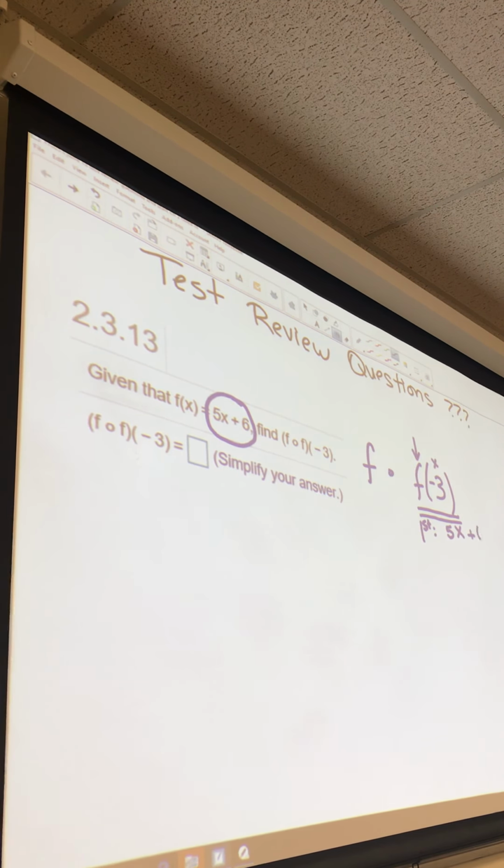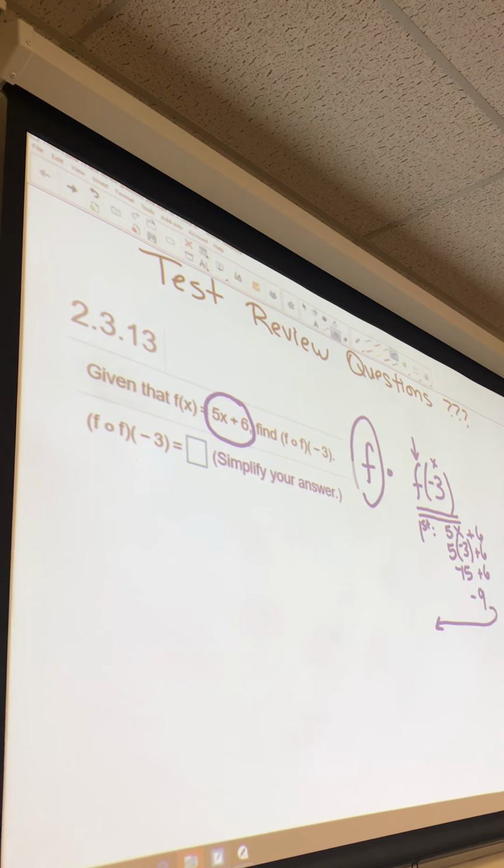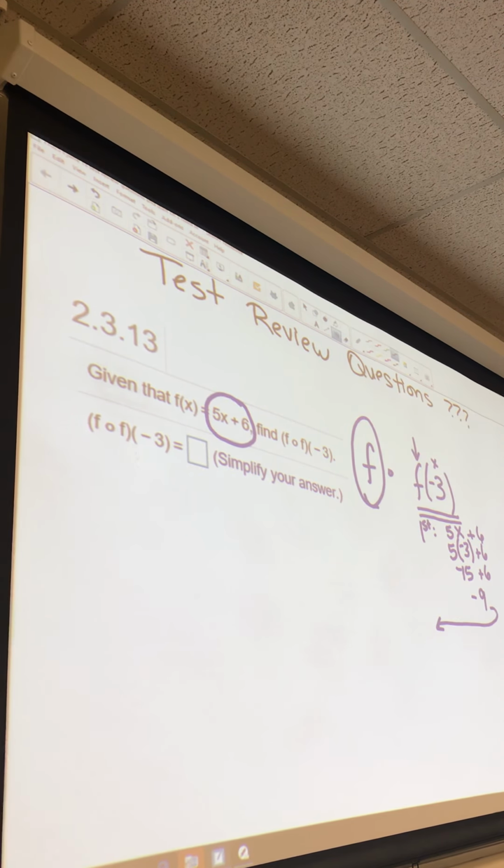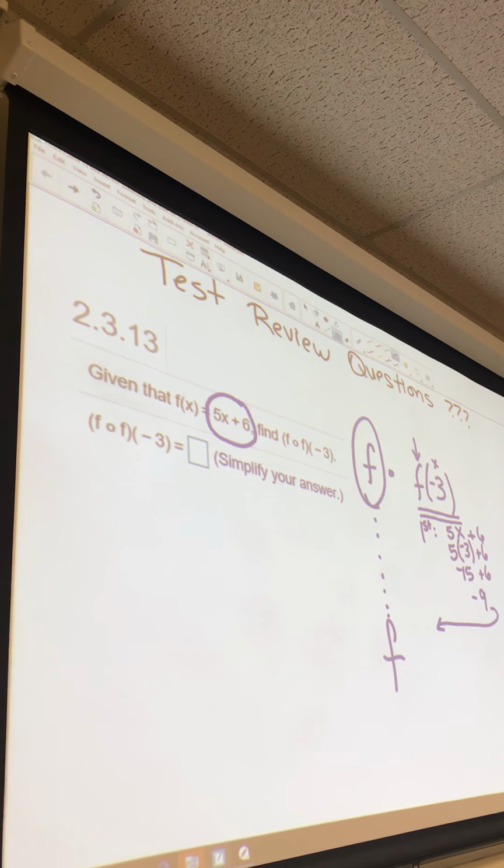So 5 times negative 3 plus 6 gets a negative 9. But remember, that is not the final answer because we haven't tackled this part of the problem, the name that's out front. Well, it just happens to be the same name, okay? But don't let that trip you up.